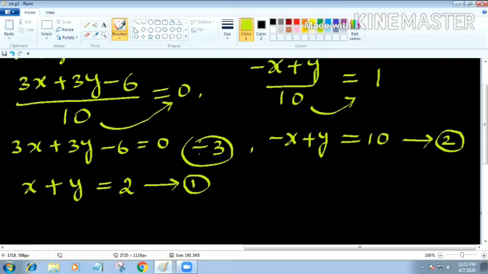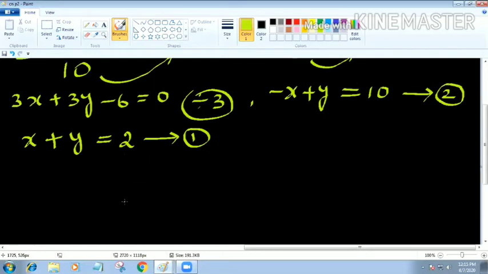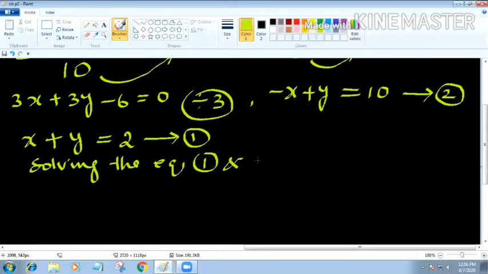Now solving both equations 1 and 2. First equation is x plus y is equal to 2.